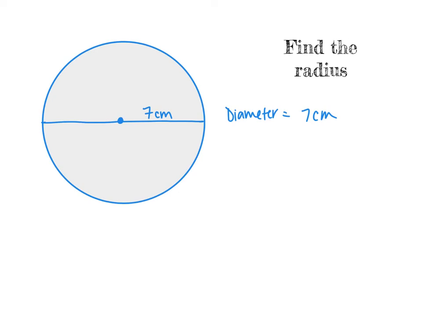Remember, radius is half of your diameter. So if I wanted to find the radius of this circle, I would take my 7, divide it by 2, and that would get me 3.5. So my radius here is 3.5 centimeters. Remember that the radius is half of the diameter.